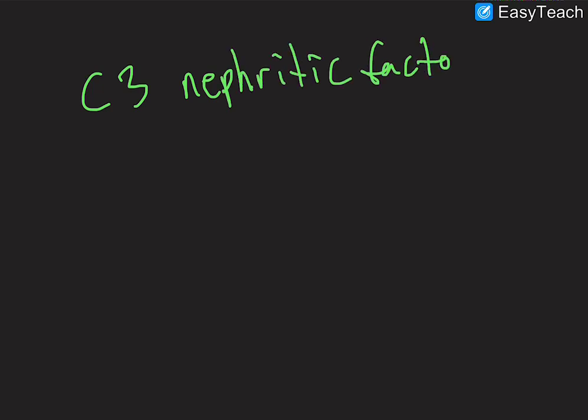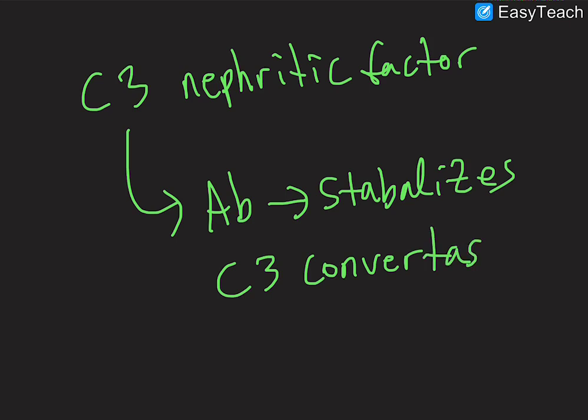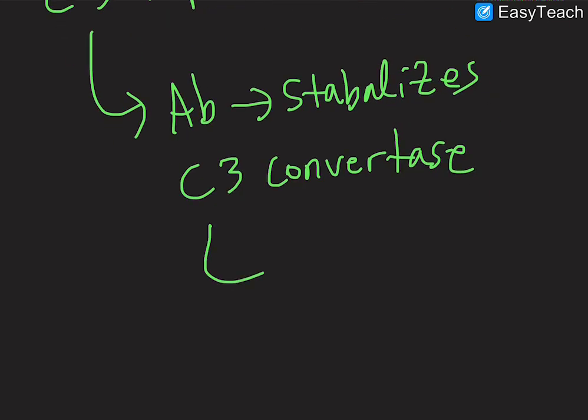Another way you can have persistent activation of C3 convertase is something called C3 nephritic factor. This is an antibody, okay? This is an antibody that actually stabilizes C3 convertase, C3bBb, right? Remember that? If you stabilize C3 convertase, again, you're going to consume a lot of C3 and convert it to C3b and C3a.